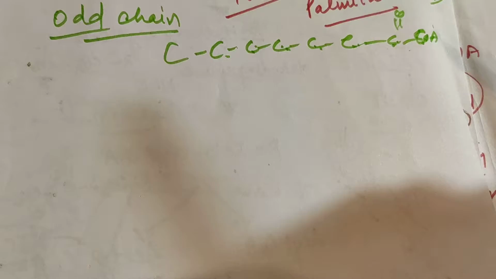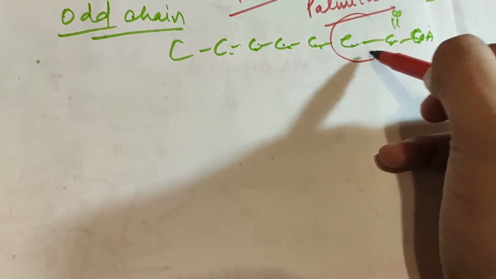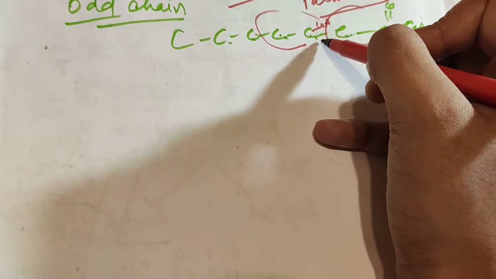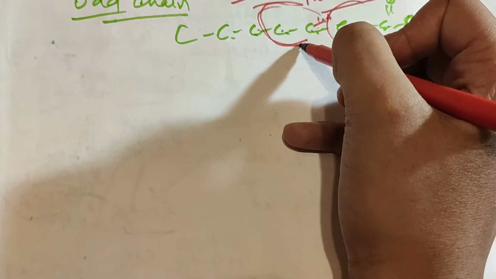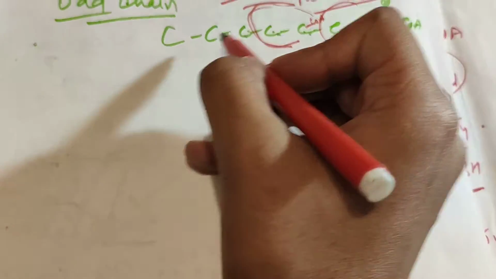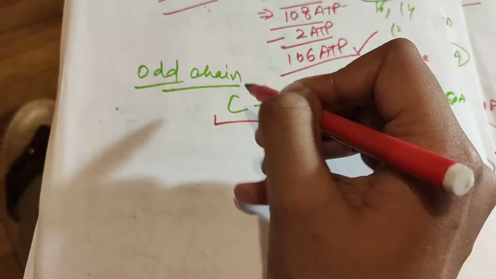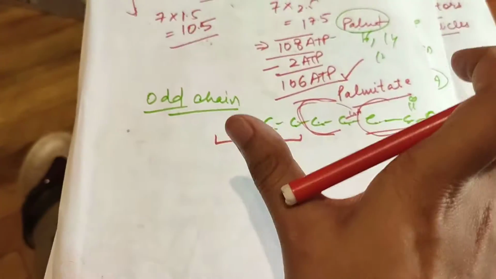Here 2 carbons will be separated, then again coenzyme A will be put and 2 carbons will be lost again. At the last you see 3 carbons are left. If we form 2 carbons again, then 1 carbon will be of no use, so we leave 3 carbons.